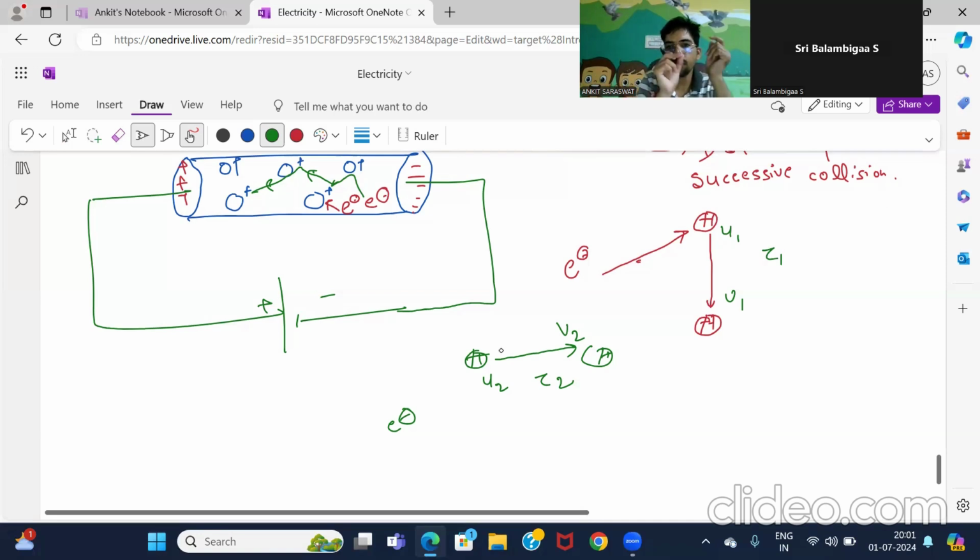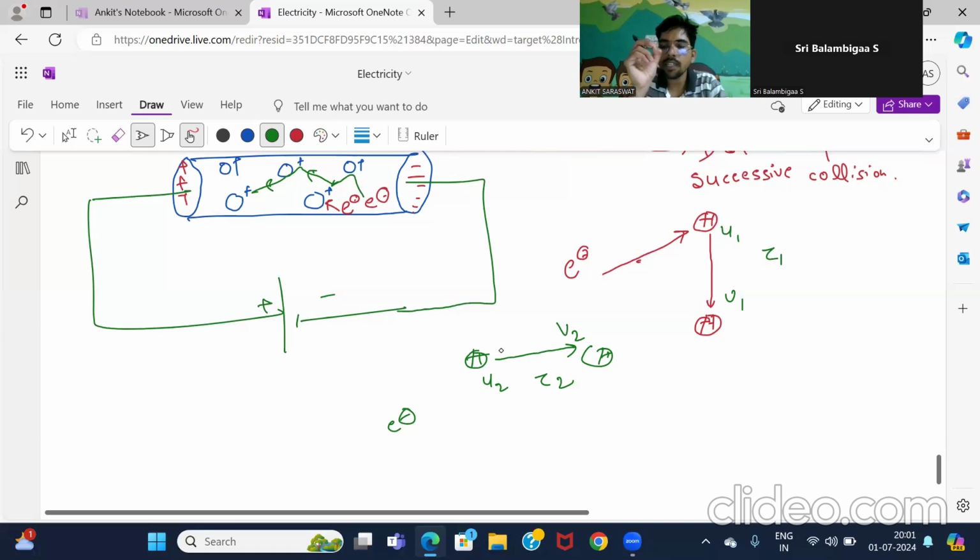Every time the electron collides, it loses its entire energy. Whatever energy it gained due to acceleration by the cell, it will lose all the energy in the next collision. So first it will collide, entire energy loss, then again it will move with the thermal velocity.